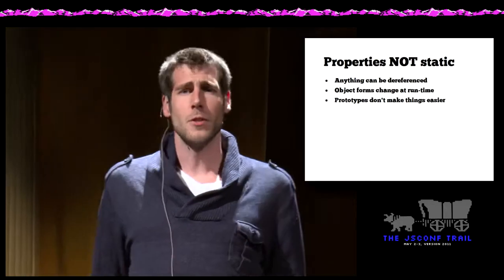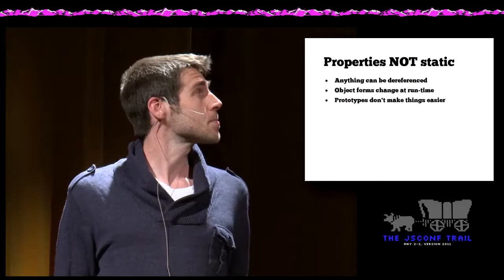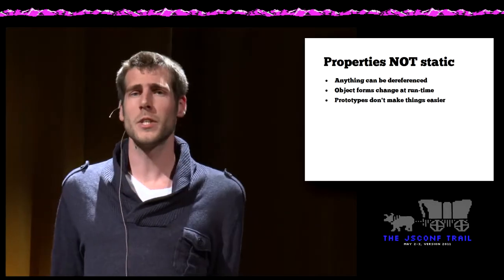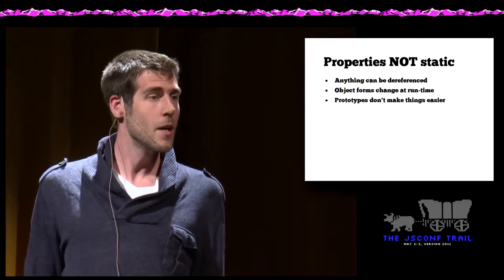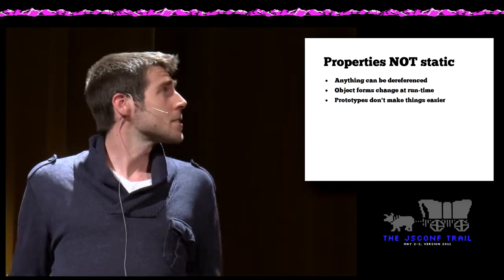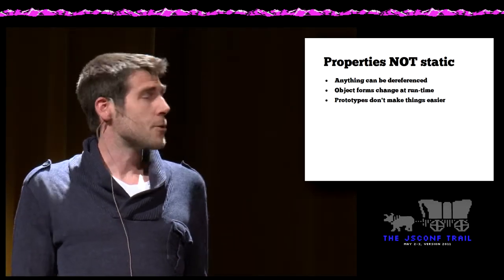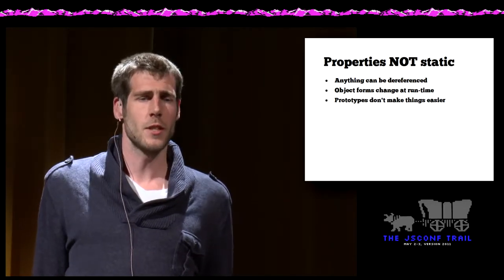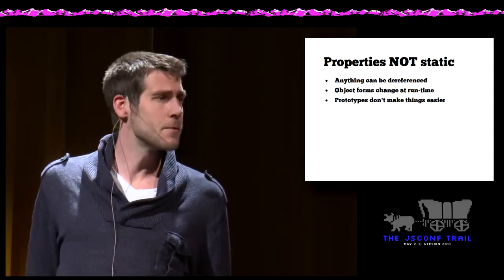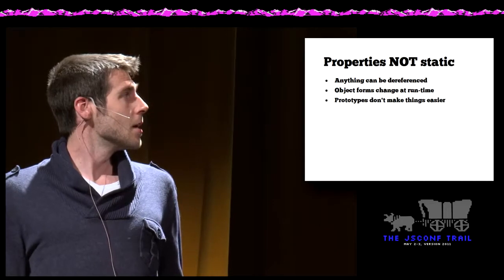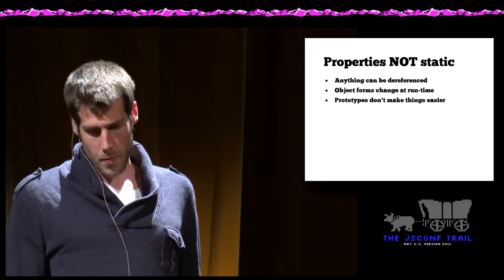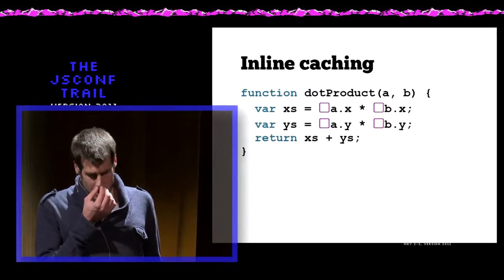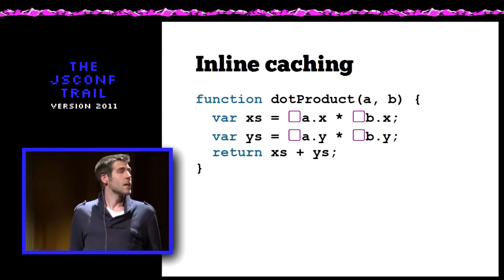Properties. I said before that scopes are static in JavaScript. This is great. Properties of objects are in no way static. You can dereference anything. There's prototypes to deal with. It's extremely hard to predict what an object property dereference is going to give you. So what everyone is doing is inline caching.